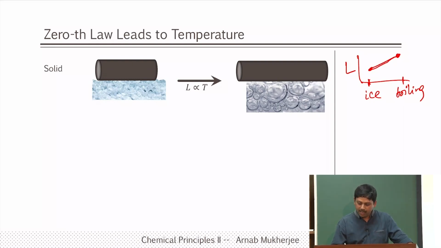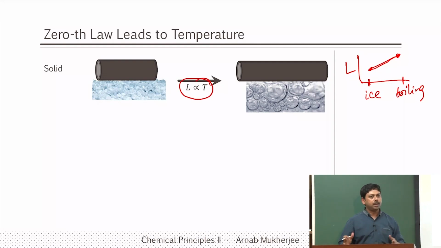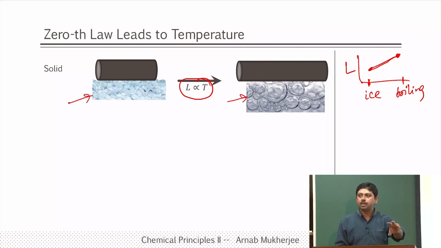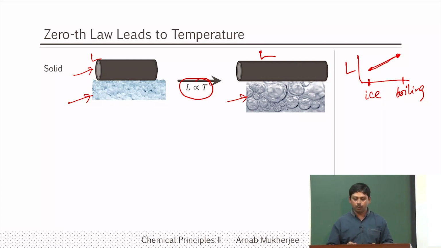So, the length is associated or proportional to the temperature, because we know that boiling water is hot and ice is cold, and at two different stages of equilibrium we will have a particular length associated with the metal object in these two different situations. So now we are associating the length with the temperature of the object.